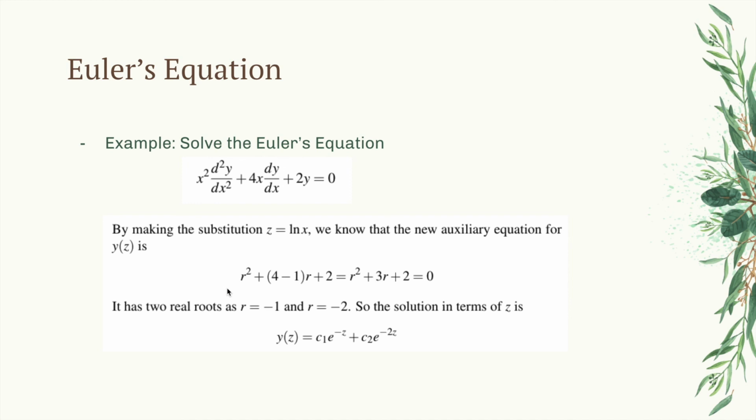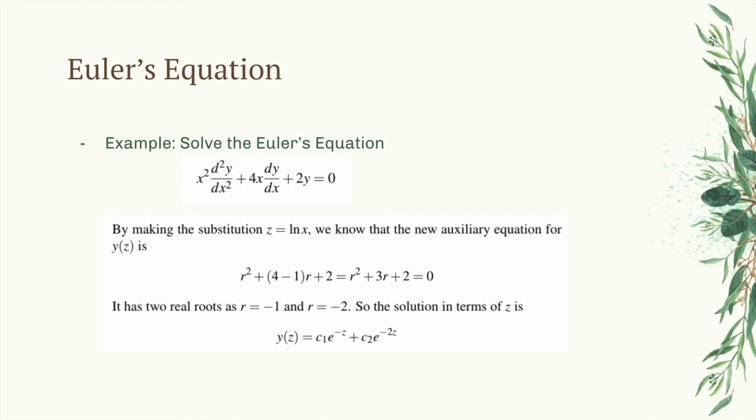Here comes the last example today, which is to solve x squared d squared y dx squared plus 4x dy dx plus 2y equals 0. By making the substitution z equal to ln x, we already know that the new auxiliary equation for y in terms of z is r squared plus 4 minus 1 r plus 2 equal to r squared plus 3r plus 2 equal to 0.